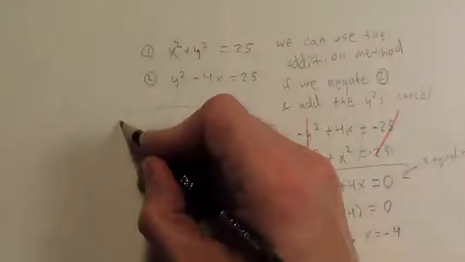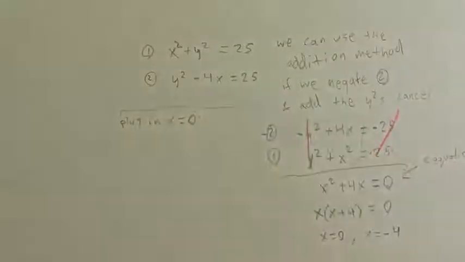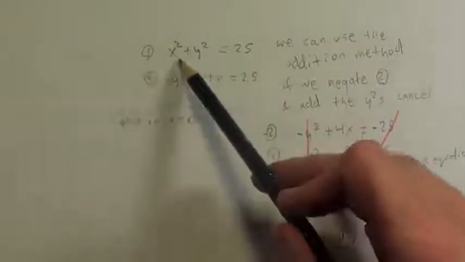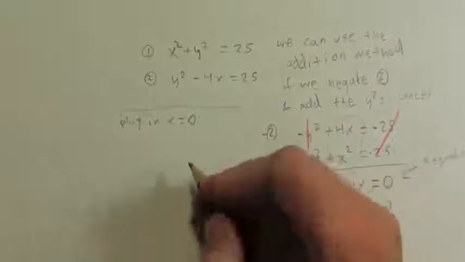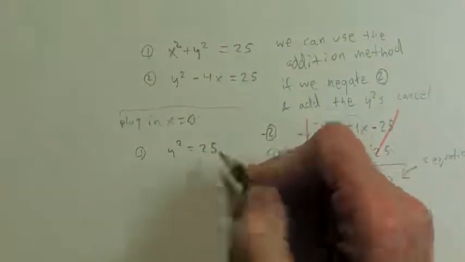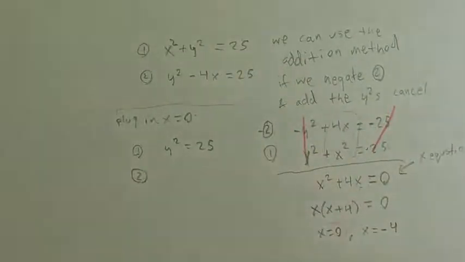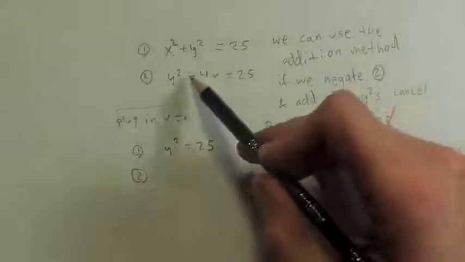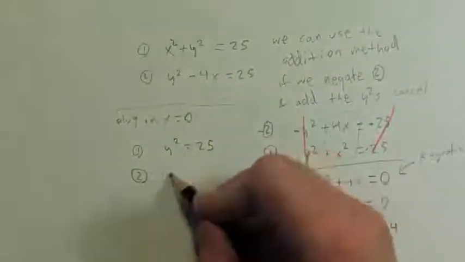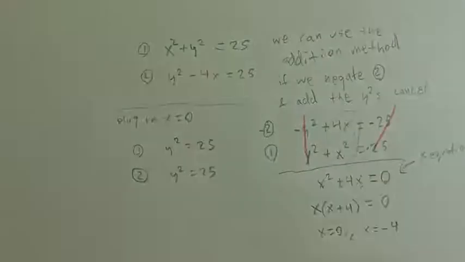So let's plug in x equals 0. When we do that, in equation 1, the x squared goes away, so equation 1 becomes y squared is equal to 25. Equation 2 also gives me, well, the minus 4x goes away, and we get y squared is equal to 25.